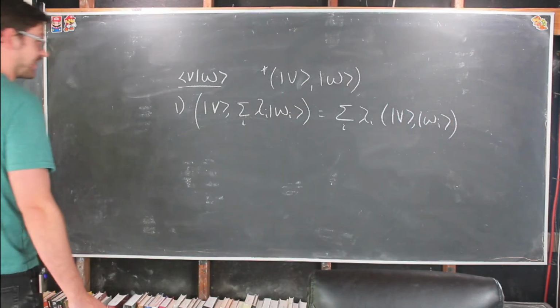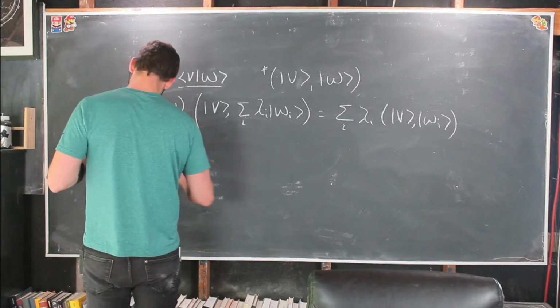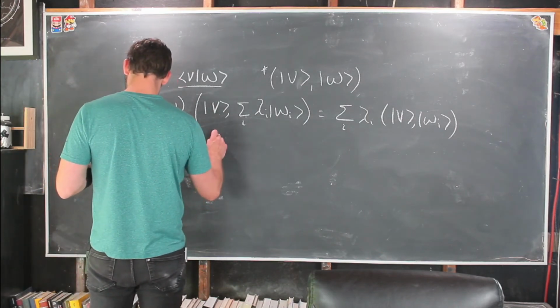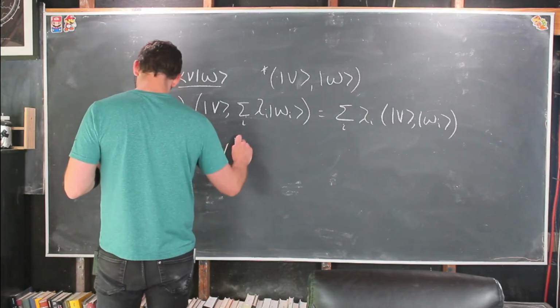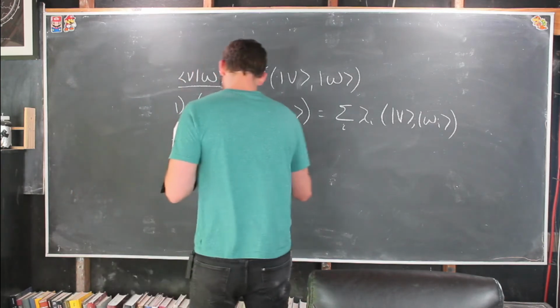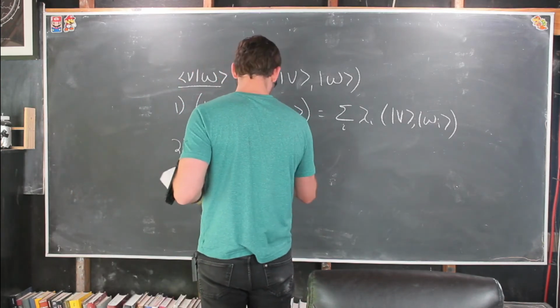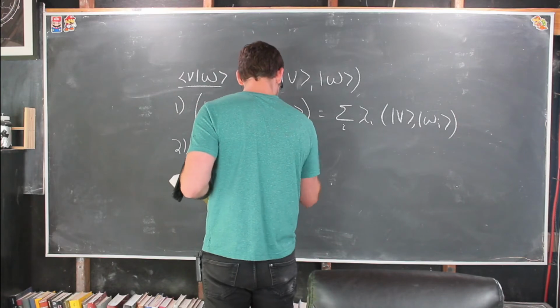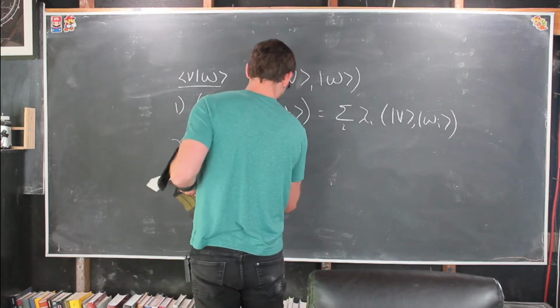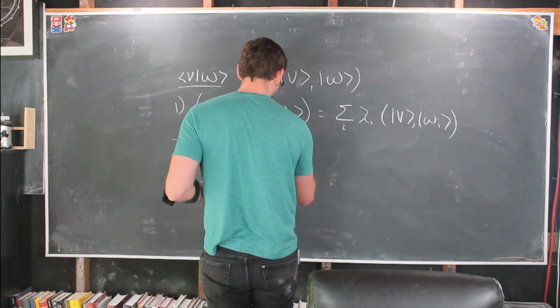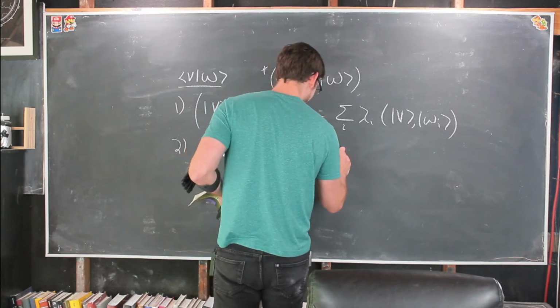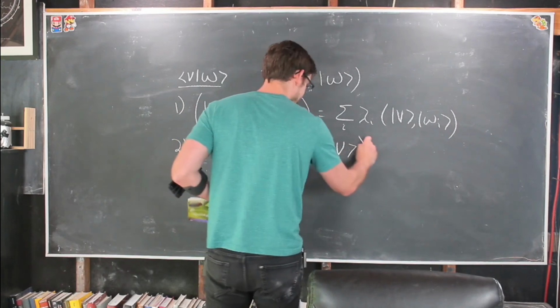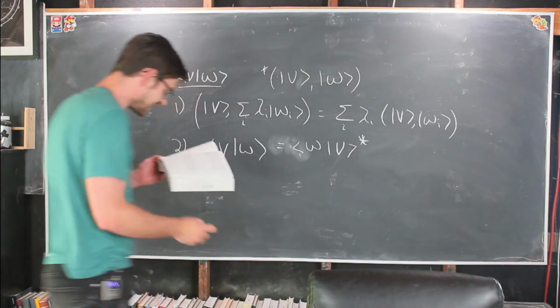But the second thing is that, using our other notation, if you complex conjugate it, it's equal to the reverse order of the inner product. Like this.